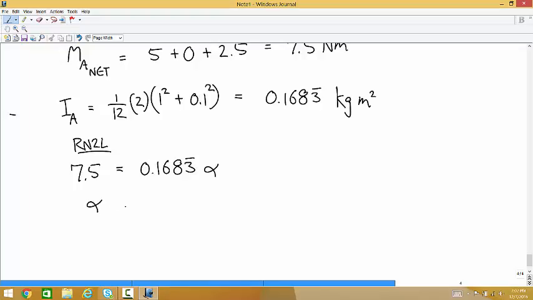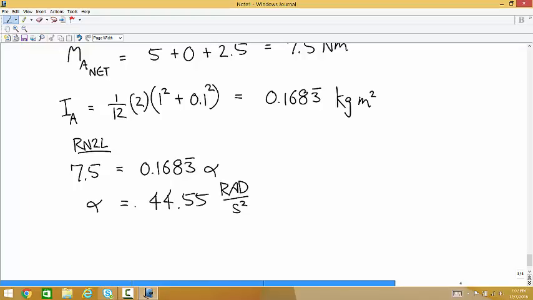And so the angular acceleration is 44.55 radians per second squared. So the angular acceleration is counterclockwise.